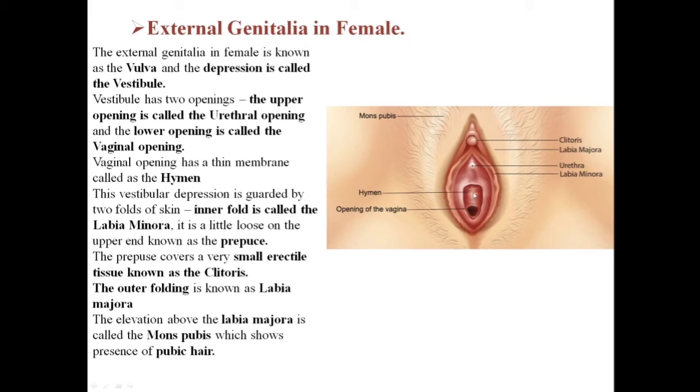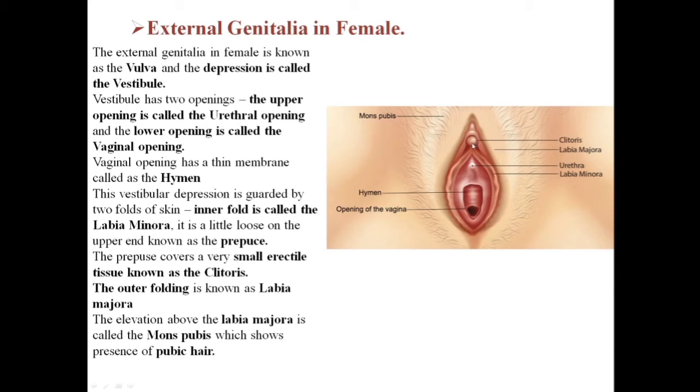This depression is guarded by two folds of skin. The inner fold of skin is known as labia minora, and the labia minora has its upper end a little loose. This loose end of labia minora is known as the prepuce. This prepuce covers a very small erectile tissue known as the clitoris.